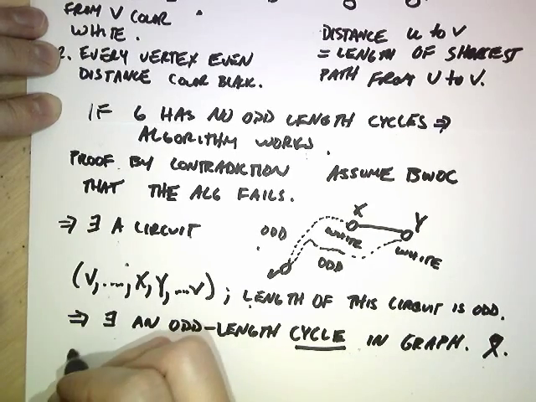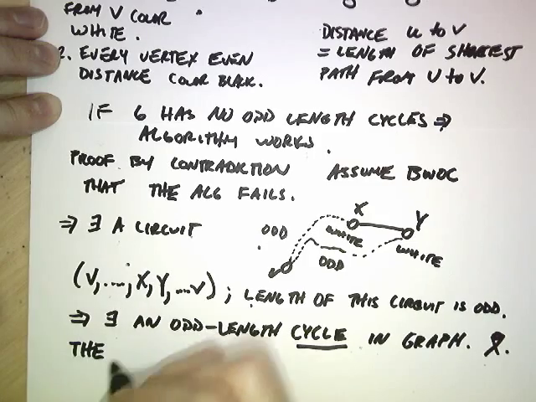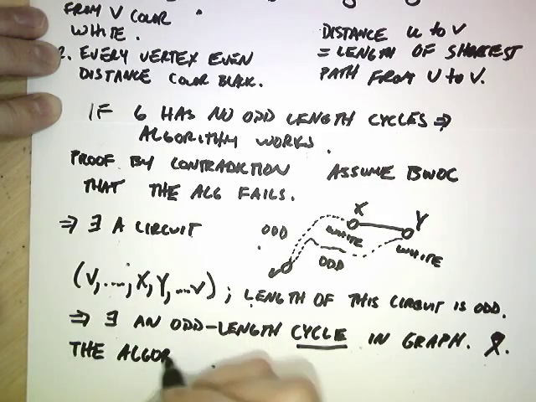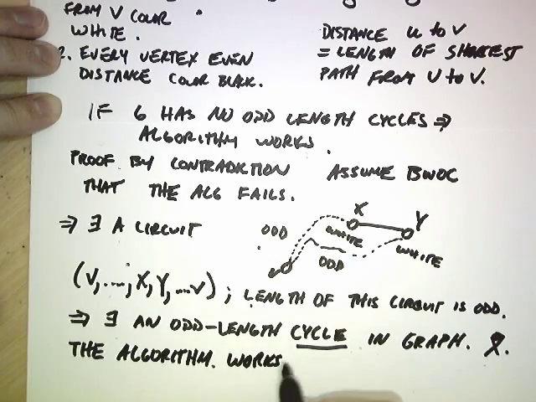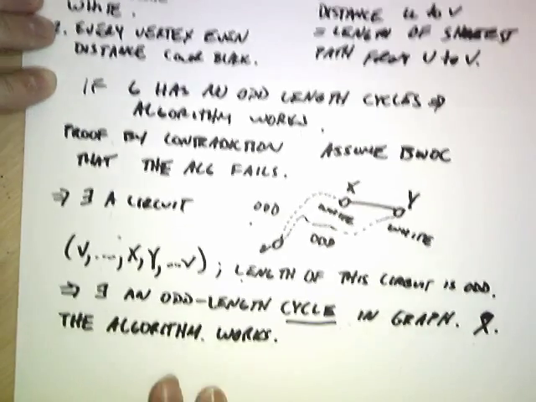That means that the algorithm works. And that means that if the graph has no odd length cycles, then this algorithm actually two-colors the graph.